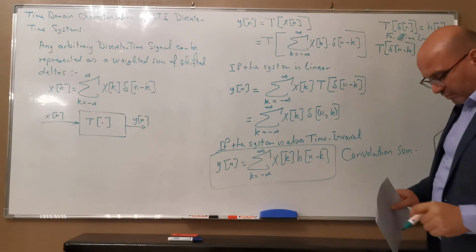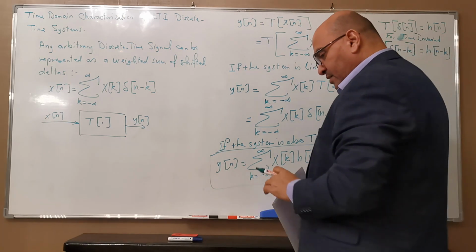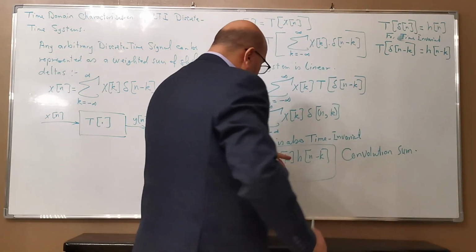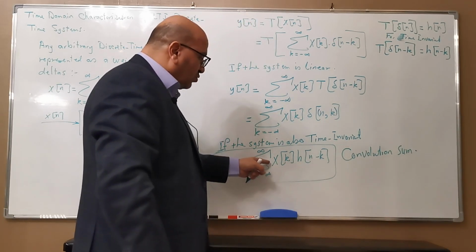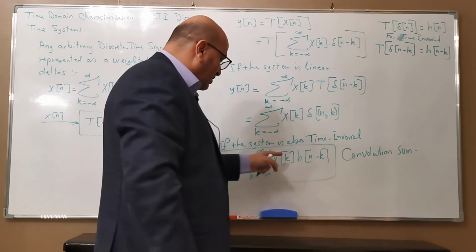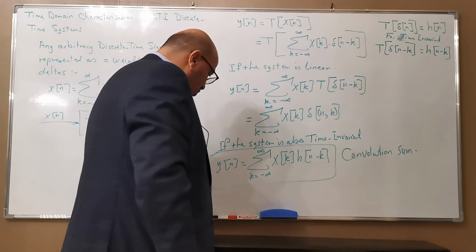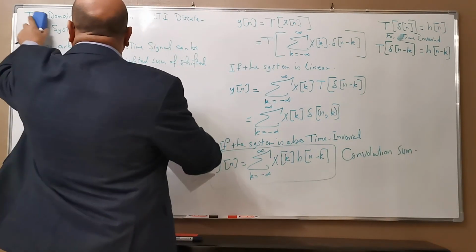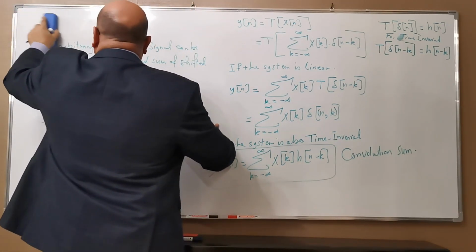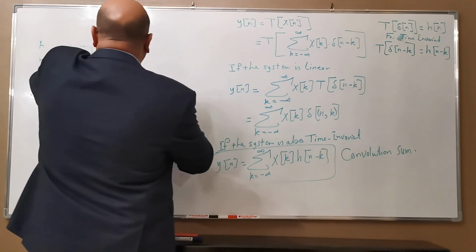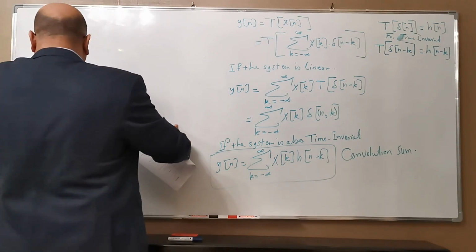So if you need to find the output of a system, given that you know the impulse response of the system, all you have to do is convolve the input with the impulse response, and you can get the output. And this is a very important result in the time domain representation of signals and systems.